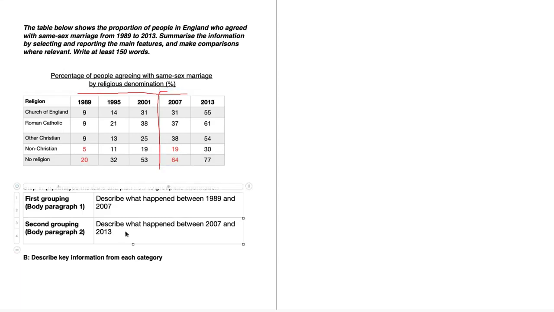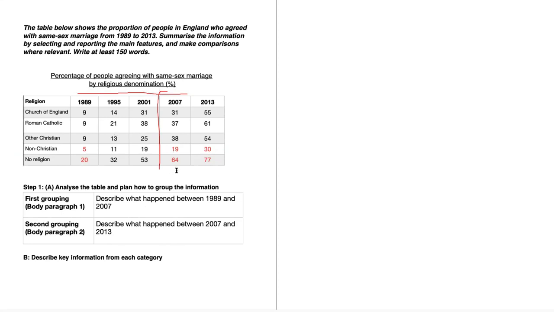Now for the second grouping, so that's body paragraph 2, we're going to focus on 2007, of course, which we've already done, and then 2013. For 2013, we see again the non-Christian group has 30 as its lowest data point, and the no religion group's highest percentage is 77%. So notice how the highest and the lowest numbers helped us out here.